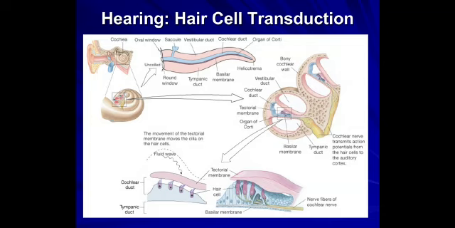So the inner hair cells are the primary auditory receptor generating the action potential, contributing to about 90% of auditory nerve stimulation. These are mainly due to deflection with the movement.